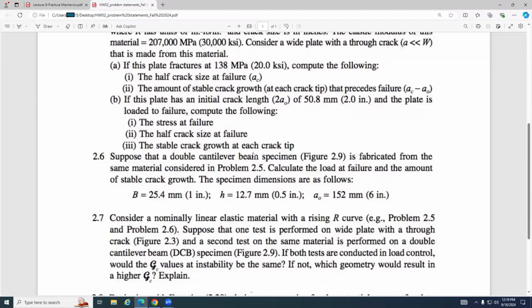So we use the same conditions, the same two equations, and then you can just solve the problem. Let me write down, 2.6 is very similar to 2.5.